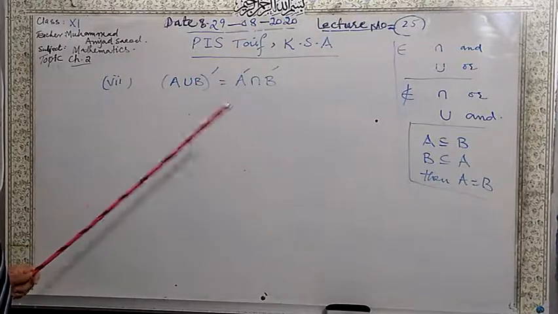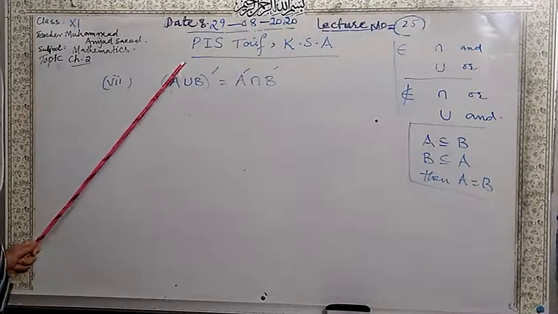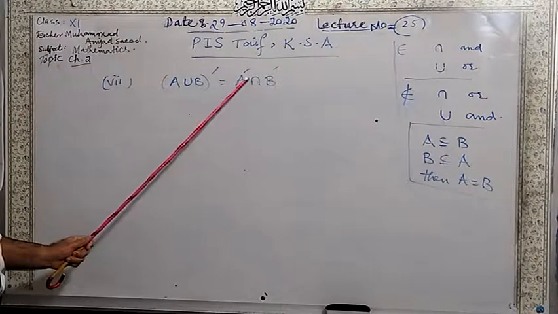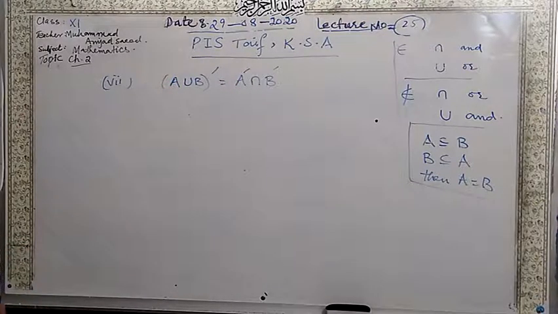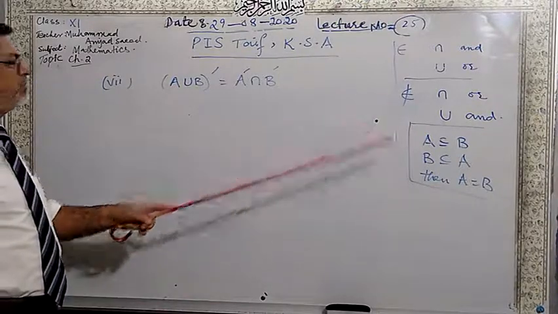It's very easy to memorize. In combined, if there is union, separate will be intersection. If combined is intersection, separate will be union. Same method. This time we will use this not belongs to.